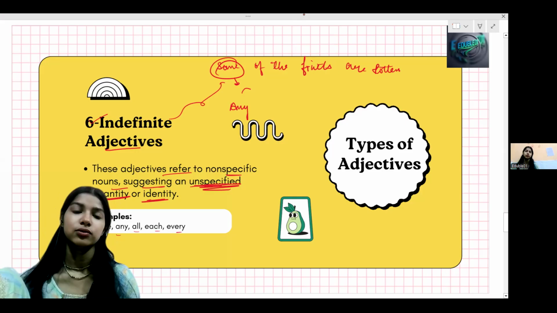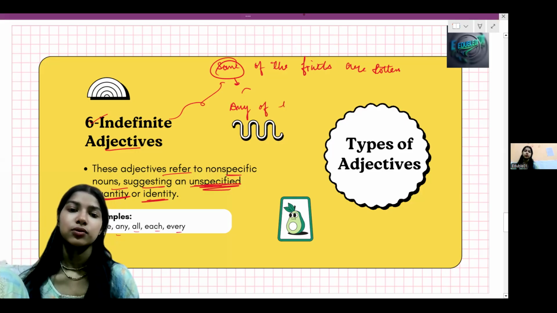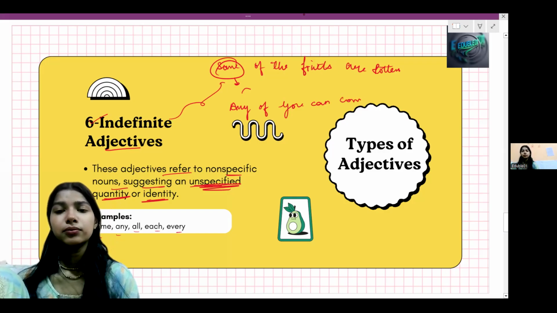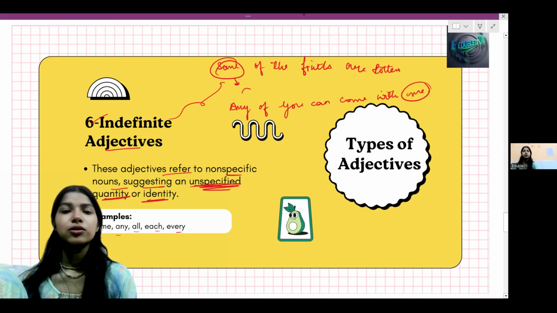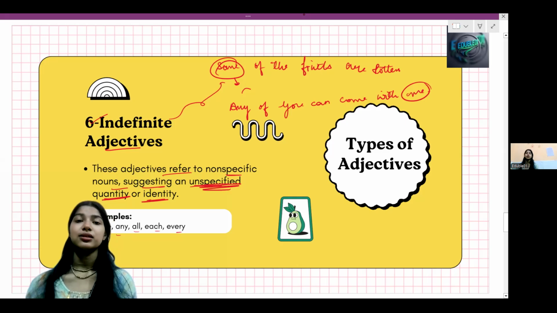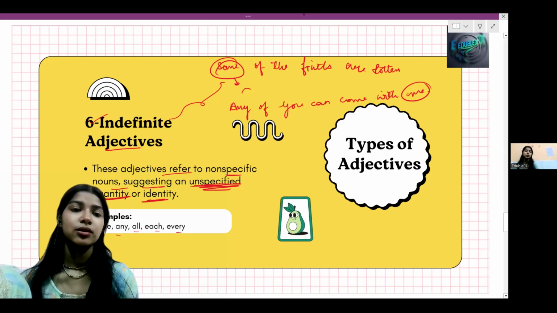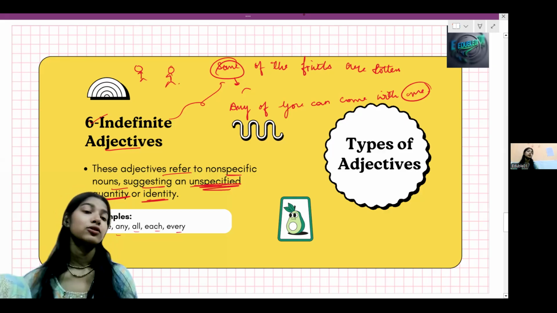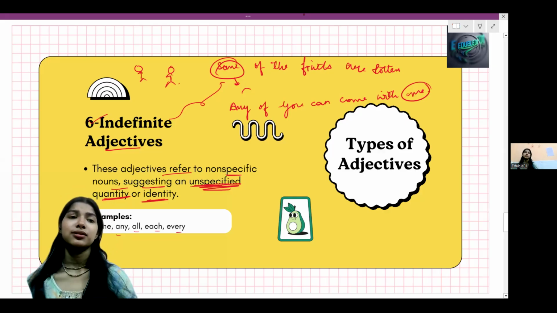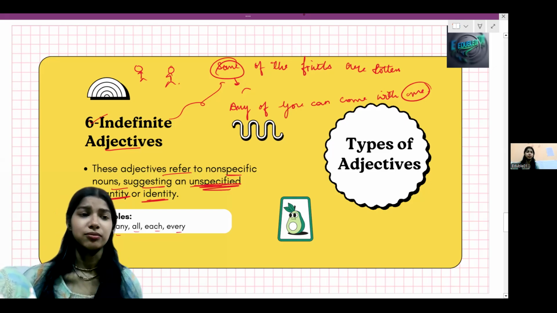Any of you can come with me. So it is not specifying. Then let's see, these are the two girls. There are two girls who are willing to go with me, but I'm saying that any of you can come with me.